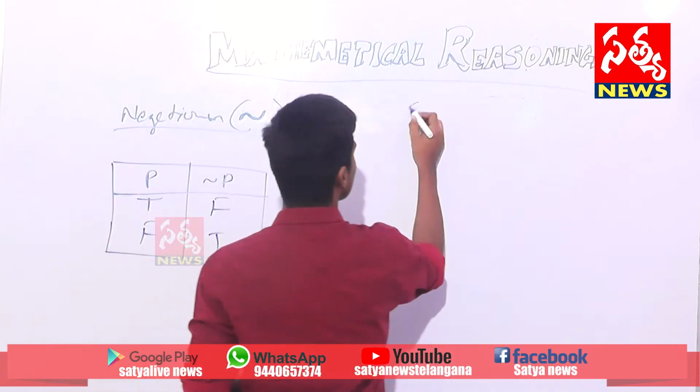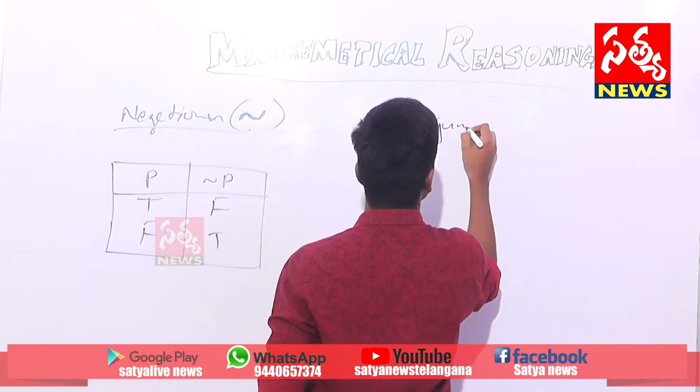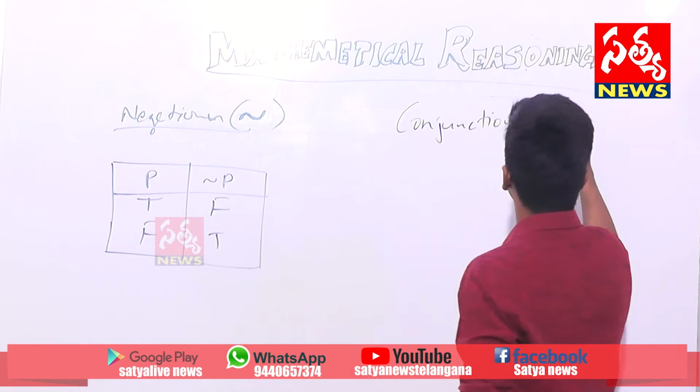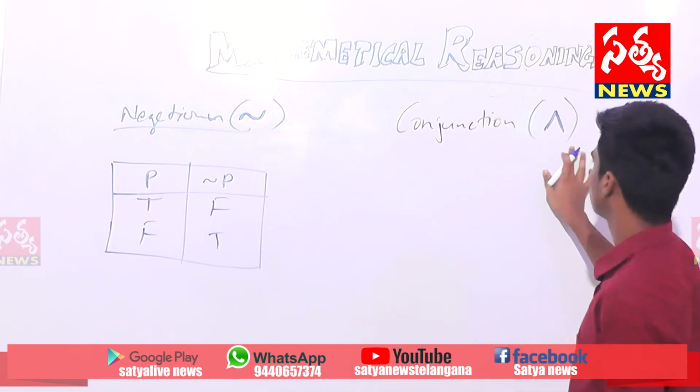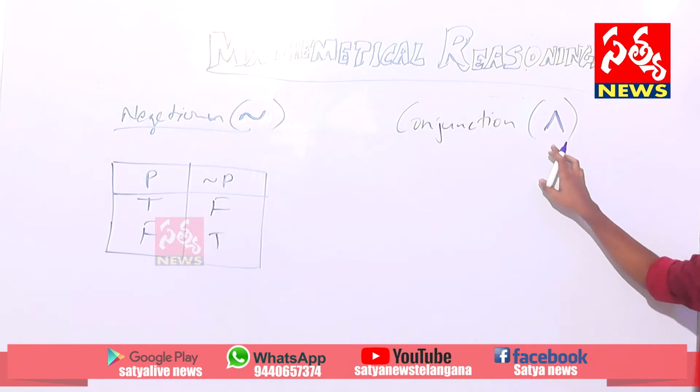And the next comes conjunction. And it is represented like this. This is a symbol for conjunction.